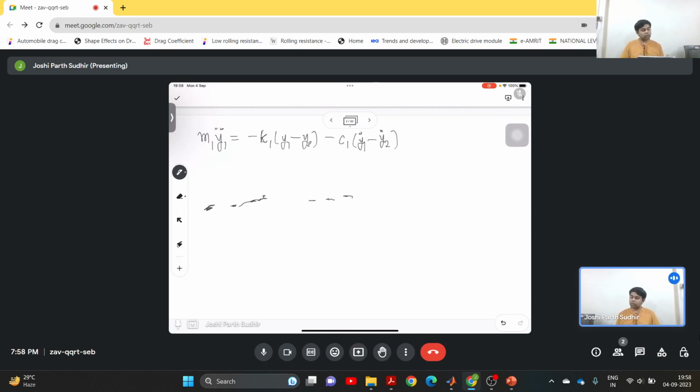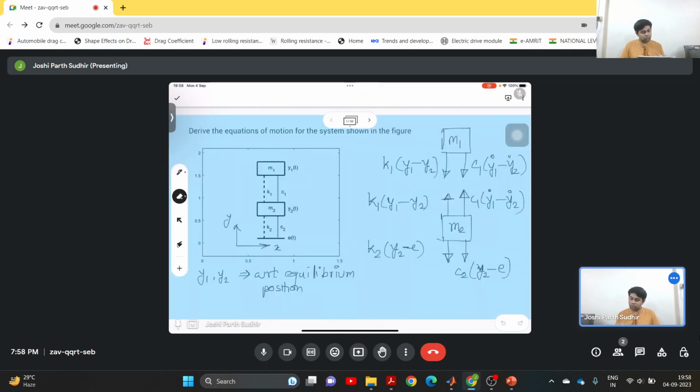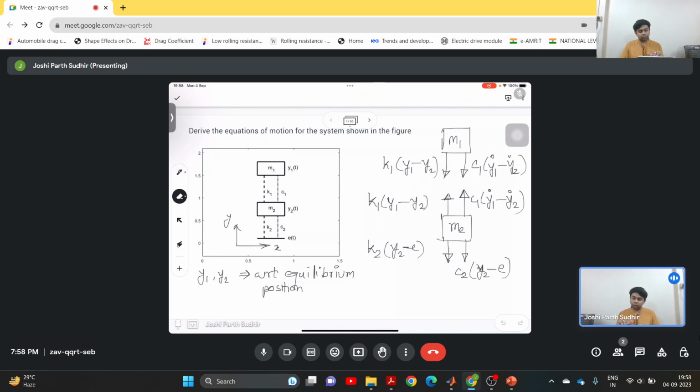So since we are assuming the coordinate system in which our displacement is positive upwards, our forces are acting downwards, so therefore we have assumed the negative sign.